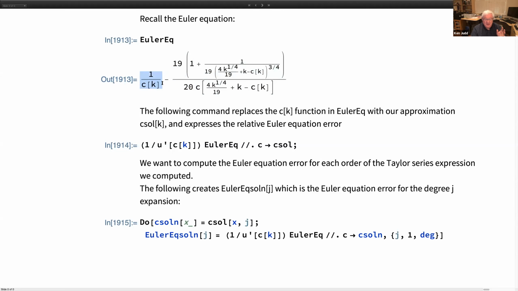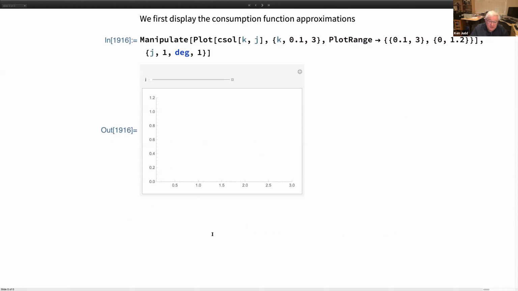This norm is 1 over goods. So I'm going to divide out by u prime at c everywhere. So now this will be unit free. And so then I'm going to define the Euler equation error solution at all of these orders.